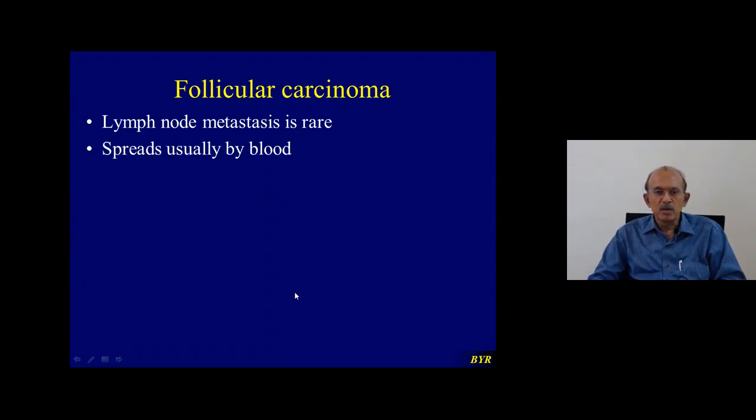It spreads usually by blood. Carcinoma spreading by blood. There are a few other carcinomas which spread by bloodstream. Can you name them? Carcinomas which have a predilection exclusively for blood spread. What are those carcinomas?